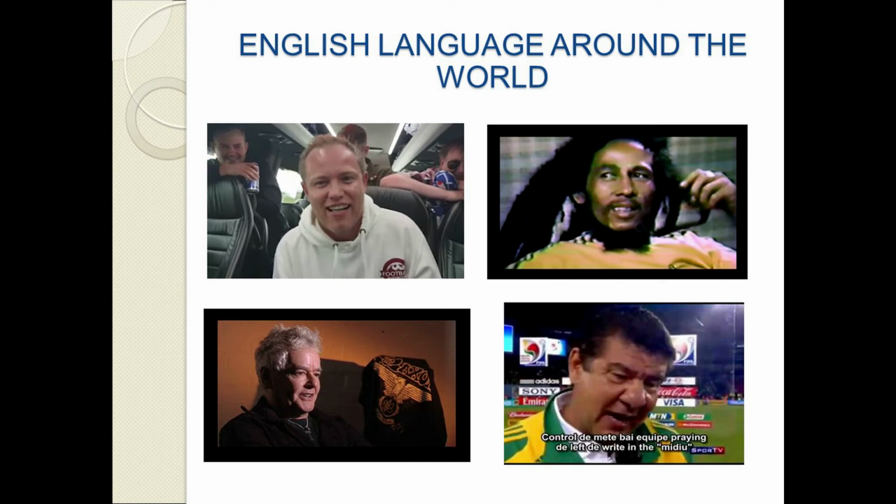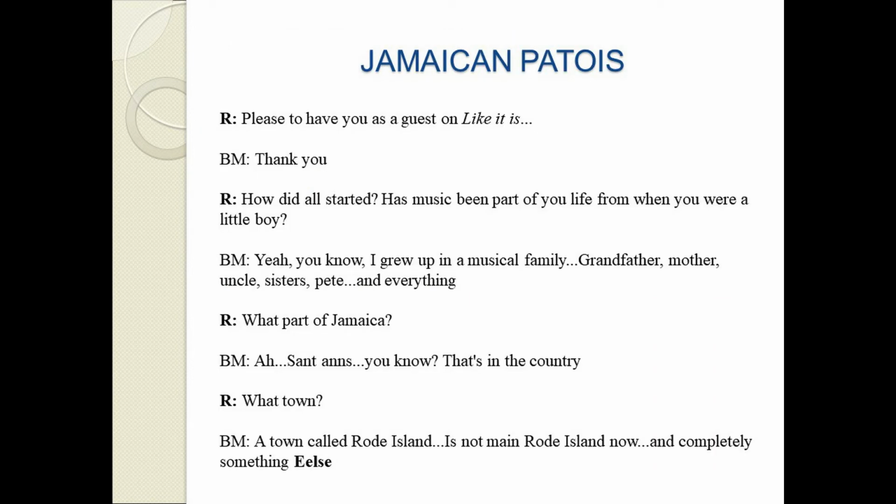So now we're going to discuss some details of each one of these. Here we have the transcription of Bob Marley's interview to the program Like It Is. And actually I spent a lot of time to do this transcription.